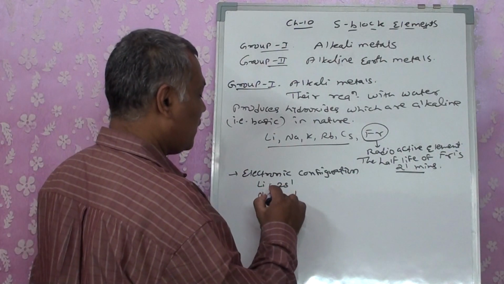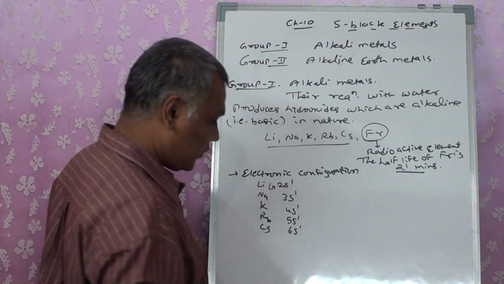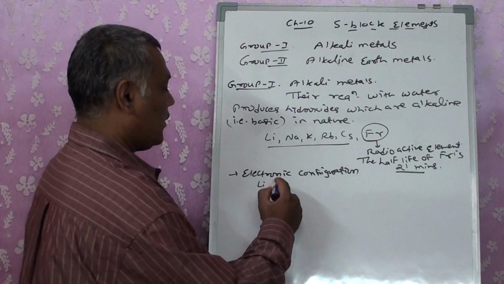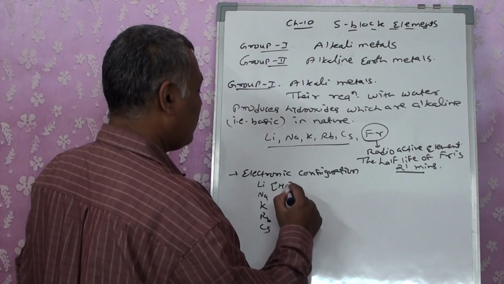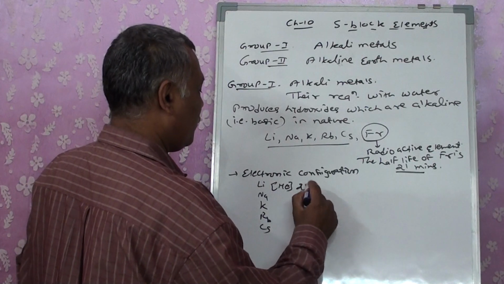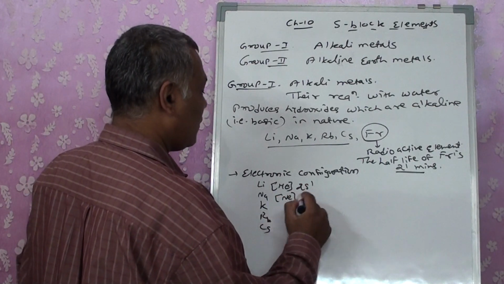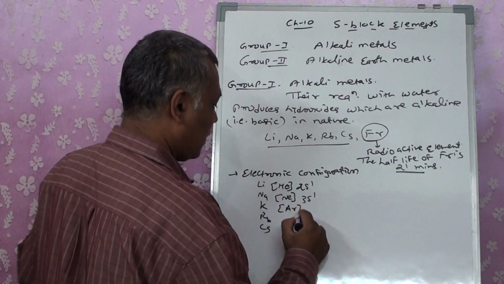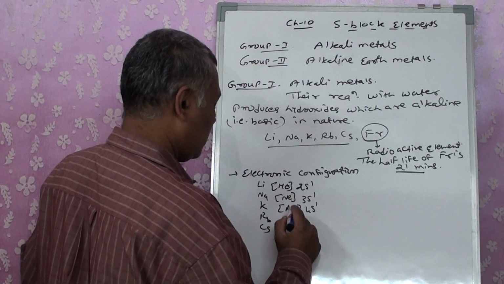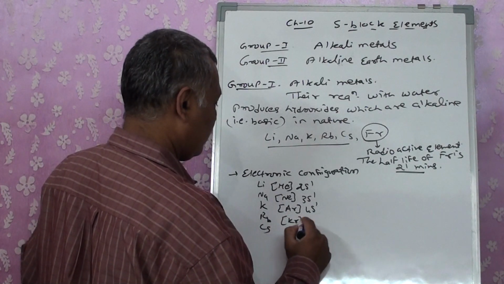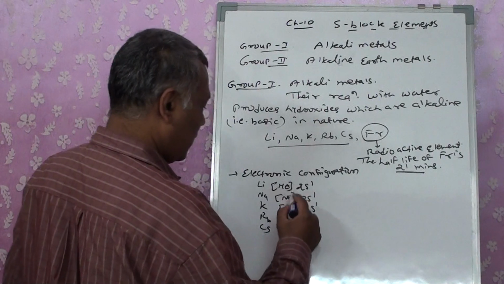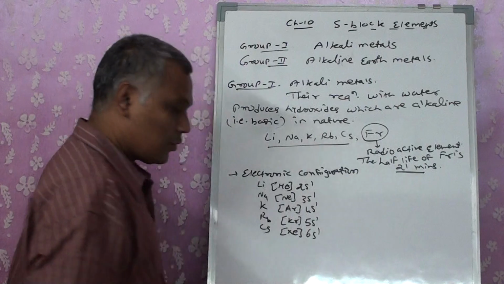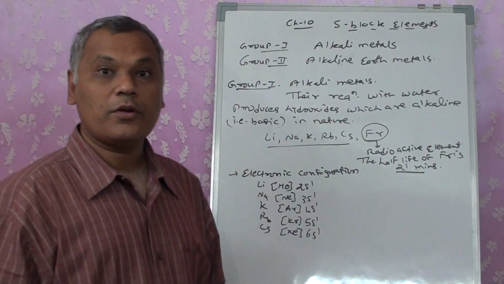If you consider the rest as inert gas configuration, you can write it very easily by indicating helium 2s1, neon 3s1, argon 4s1, and so on with krypton and xenon. So that is what we get as the electronic configuration.